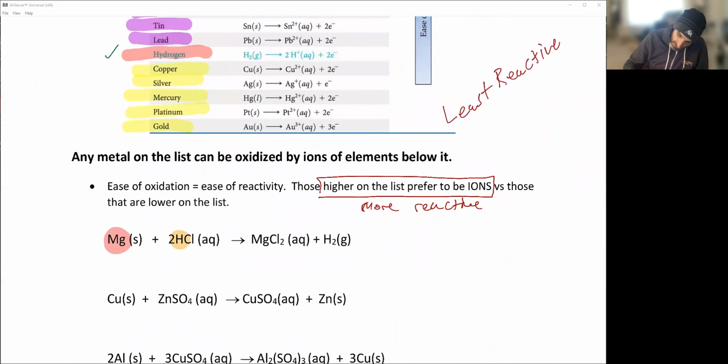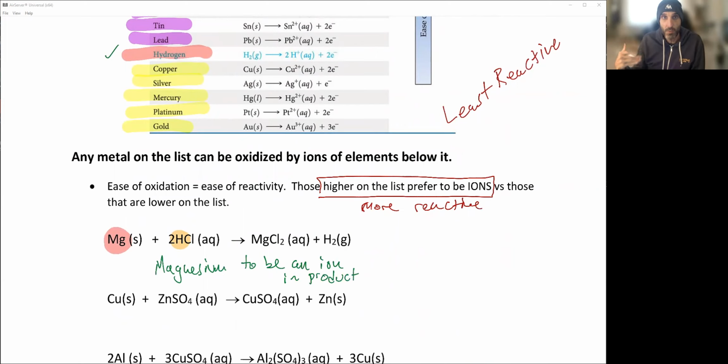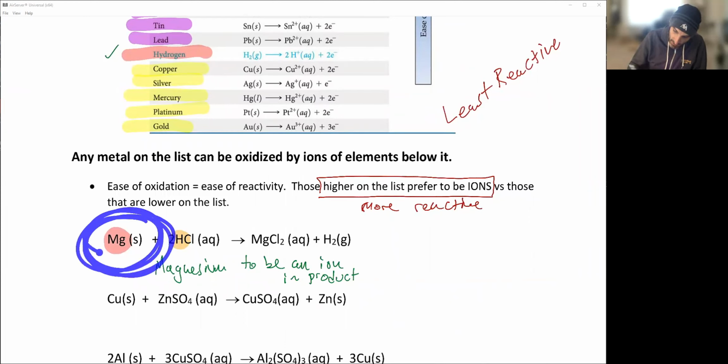So what I'm expecting is magnesium to be an ion in the product. So the more reactive should be an ion in the product. So we see magnesium is a solid, it's a metal, and as a product, the magnesium is aqueous, meaning this reaction will occur.